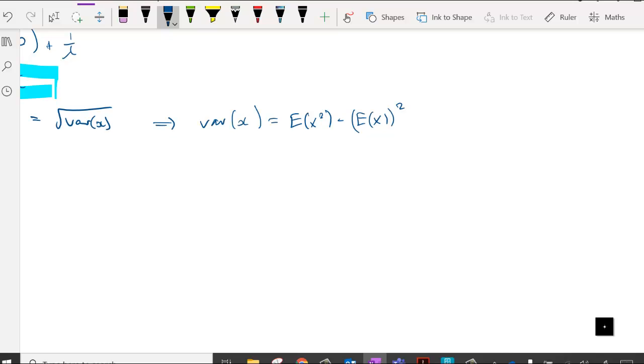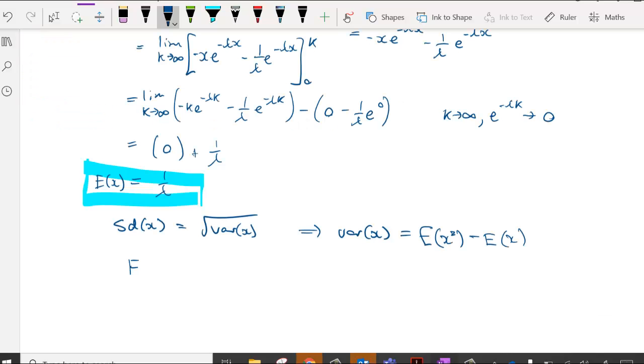Okay, so knowing this is our variance, obviously we need to now calculate what this E of X squared is equal to. So first of all, we need to be able to calculate E of X squared, which is the integral between negative infinity and infinity of x squared f of x, which is the integral between 0 and infinity of x squared lambda e to the negative lambda x with respect to x.